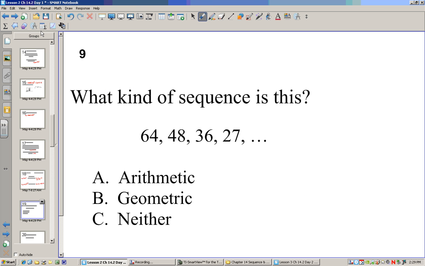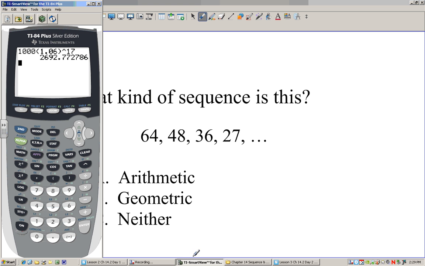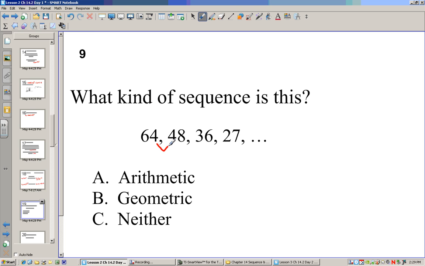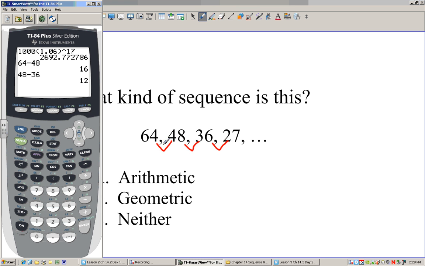Now, this you can pause, think about, what kind of sequence is this? 64 minus 48 is 16. If I take 48 minus 36, I don't get 16. So now I'm not thinking that this is addition. I think that this one might have a common ratio. So let's do 48 divided by 64.